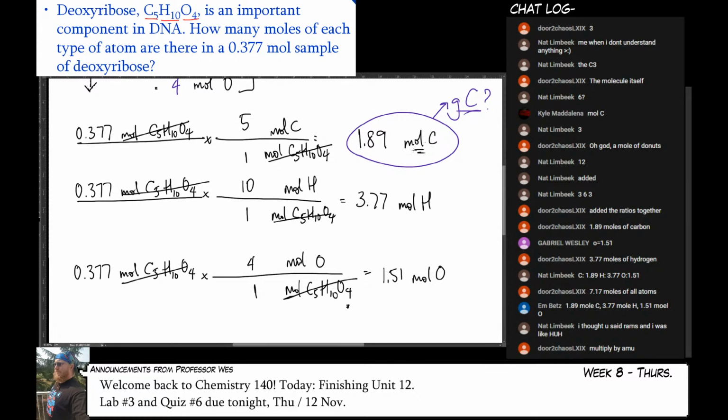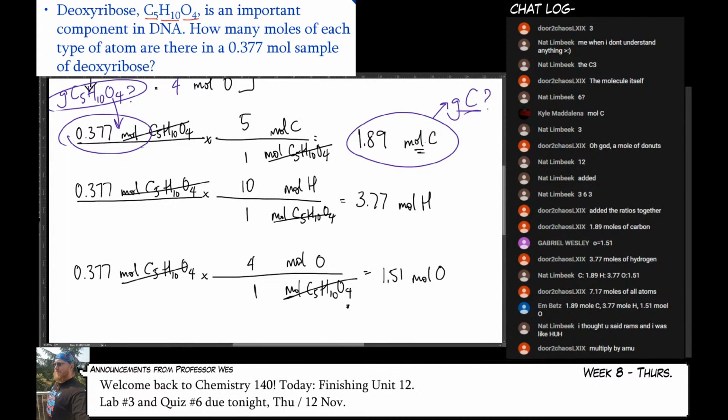What if instead of giving you moles here, I gave you grams of deoxyribose? So, for example, I said instead of 0.377 moles, I gave you 0.377 grams. Well, what you could do is turn it into moles and then do this process.